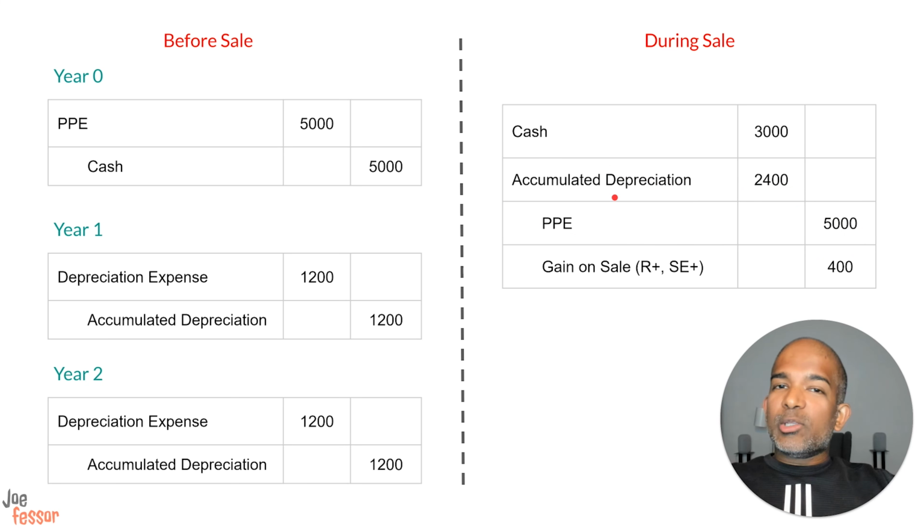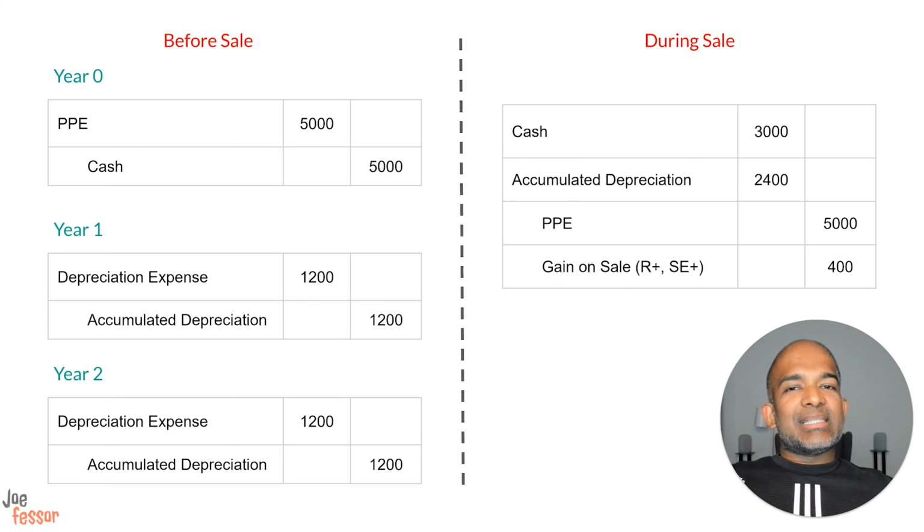But we also received cash of $3,000 on the sale, so I would debit my cash account by $3,000. We can see that now the sum of the debits does not balance with the credit value here. The sum of debits is $5,400 and we've only credited $5,000. So the remaining $400 that has to be credited is credited to an account called gain on sale.